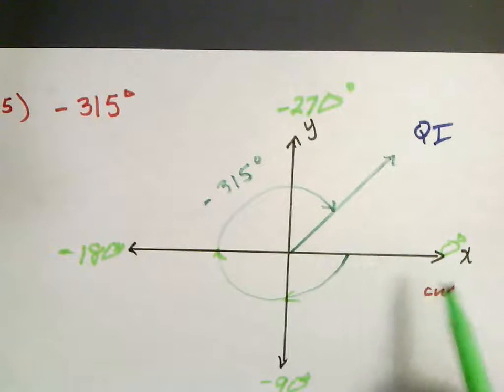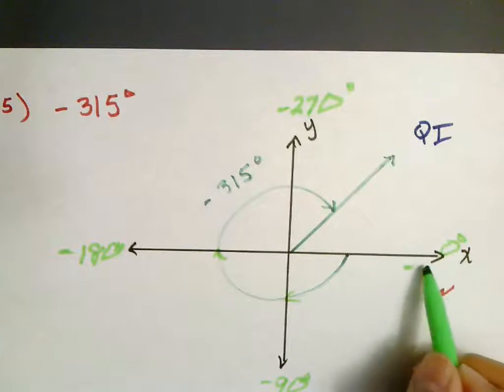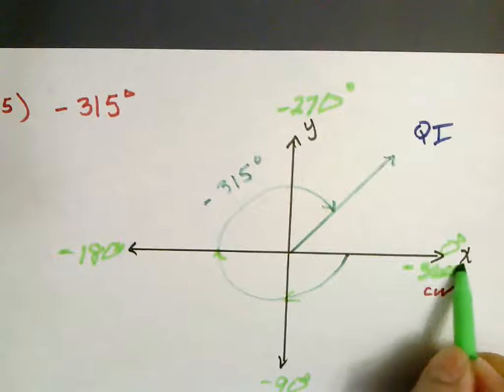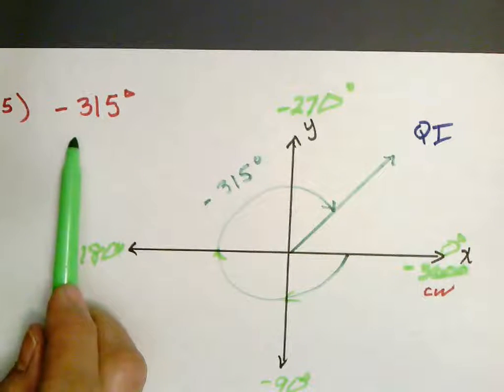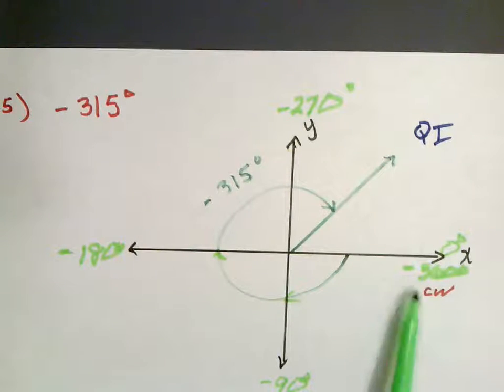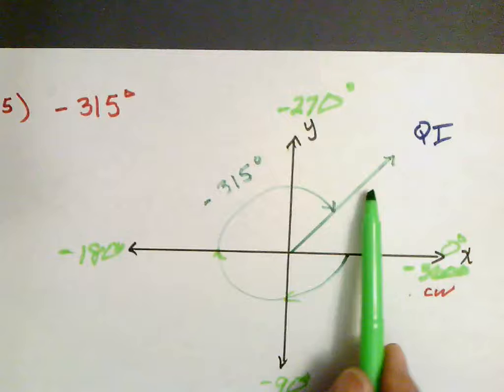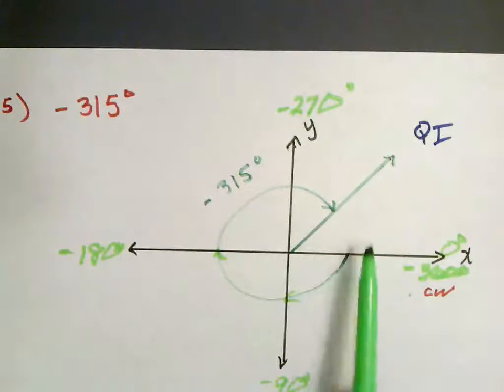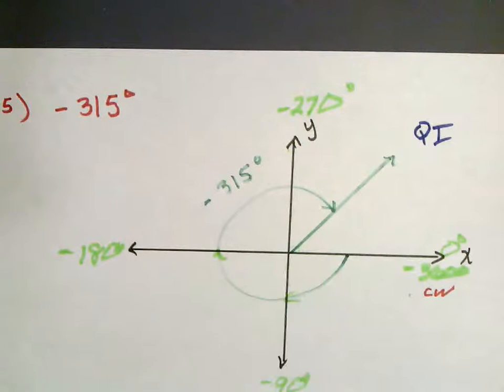Remember, one complete rotation would have been a negative 360 degrees. So a negative 315 degrees falls between a negative 270 degrees and negative 360 degrees. So you see it's going to terminate in quadrant 1. So this is our negative 315 degrees.